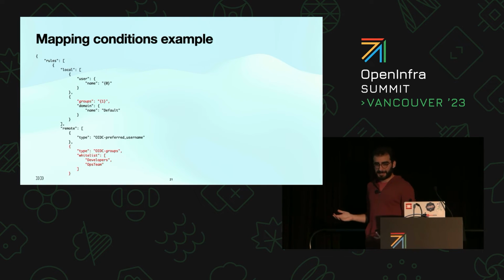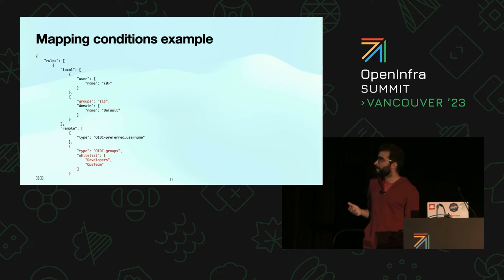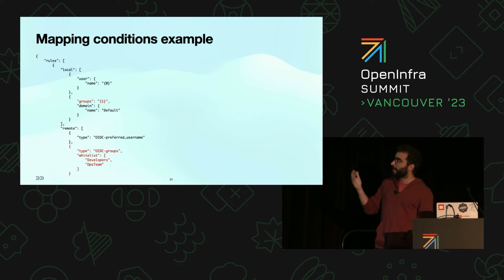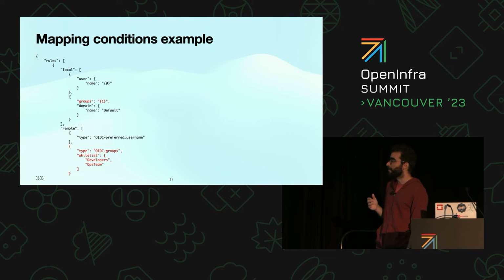So here's one more example. In this case, we're also using groups. You can see that now we have in the local section a groups field. There's also a domain there, which specifies in which domain to look for the groups, in this case the default domain. And we are only whitelisting the developers and ops teams groups.